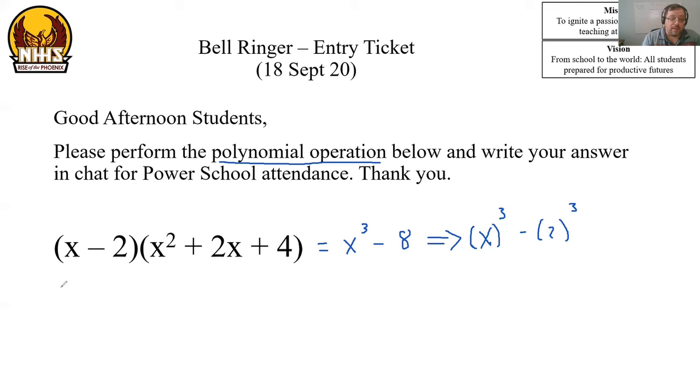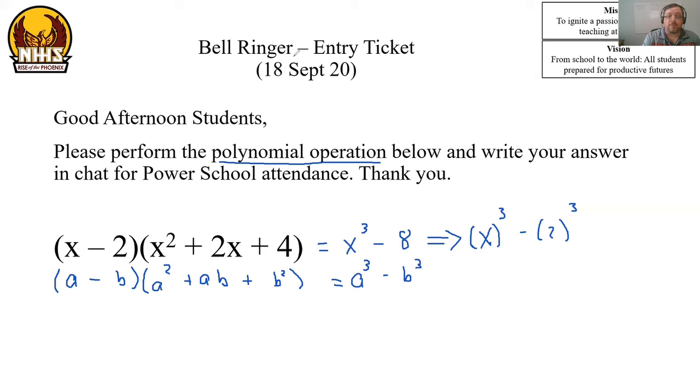Now, the polynomial identity is if we write this: a minus b, so you see x equals a, b equals 2, times a squared plus a times b plus b squared, which is equal to a cubed minus b cubed.